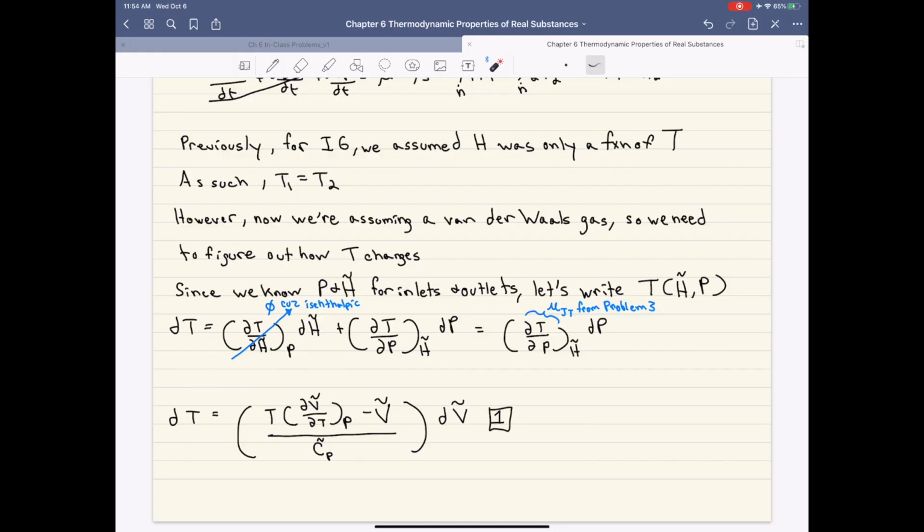Right? And so what we need to do now, before we do that, is we still have a partial derivative in here, right? And so we need to figure out how we could actually write this partial derivative in terms of pressure or volume and temperature. It's a partial derivative with respect to those things, but we want something that we could actually plug into the equation.